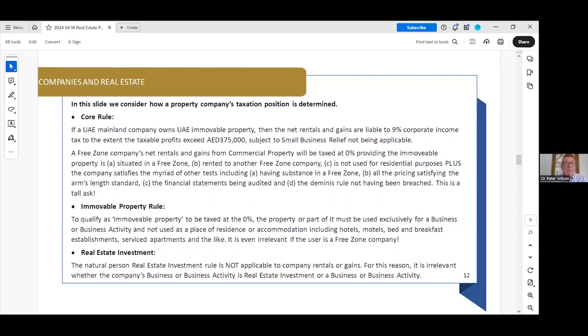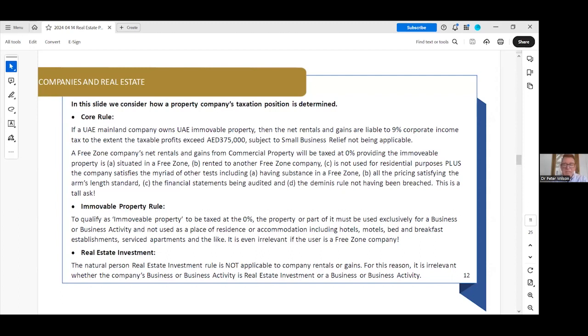It's highly unlikely that if the company is a free zone company, the company will qualify for 0% corporate income tax. And I've set out some of the issues there.